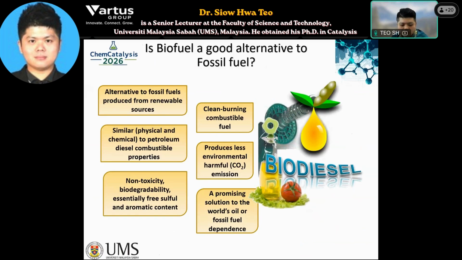Because of these advantages, biodiesel has emerged as one of the most promising alternative fuels for improving energy security while supporting sustainable development. Among the various feedstocks available for biodiesel production, our study focused on jatropha crude oil, a non-edible oil source with significant potential for sustainable biodiesel production.